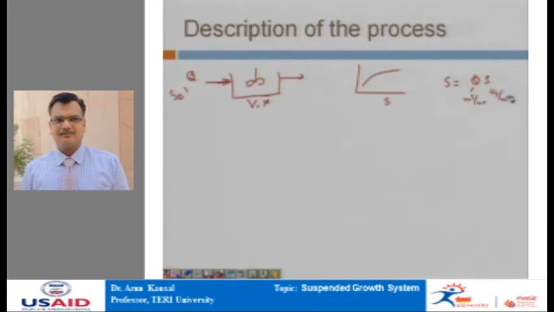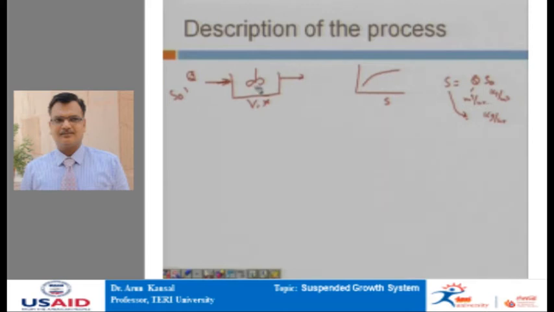So, the total amount of food is nothing but kg per hour. How much food is coming is equal to discharge times substrate concentration, which in this case is S0. Now, the wastewater has a certain fixed BOD.